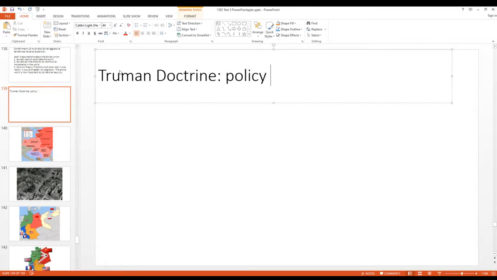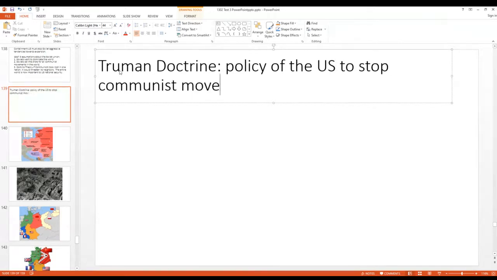Policy of the United States, and I'm paraphrasing here, to stop communist movements anywhere in the world.